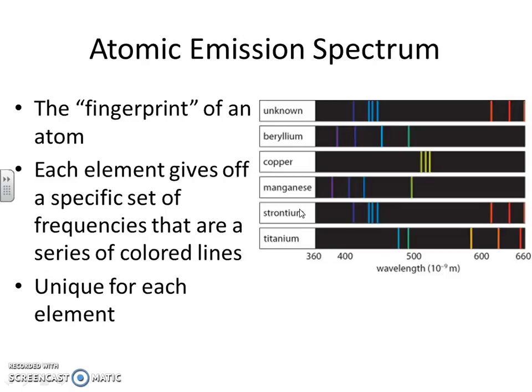On your paper, you have some questions that ask you about your emission spectrum. Use that. I know that you can't see your individual colors because it printed off in black and white, but you can still match up the location of the lines and how many there are to your unknown A and B.